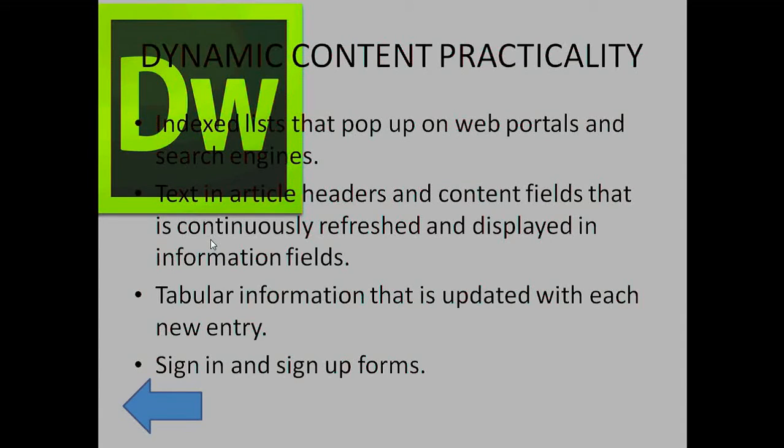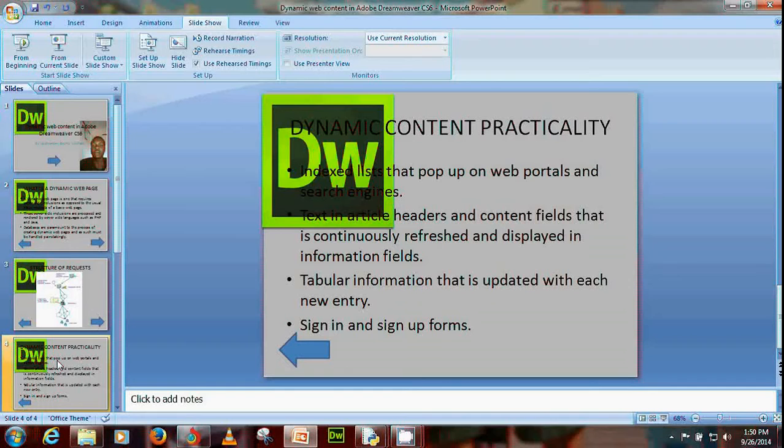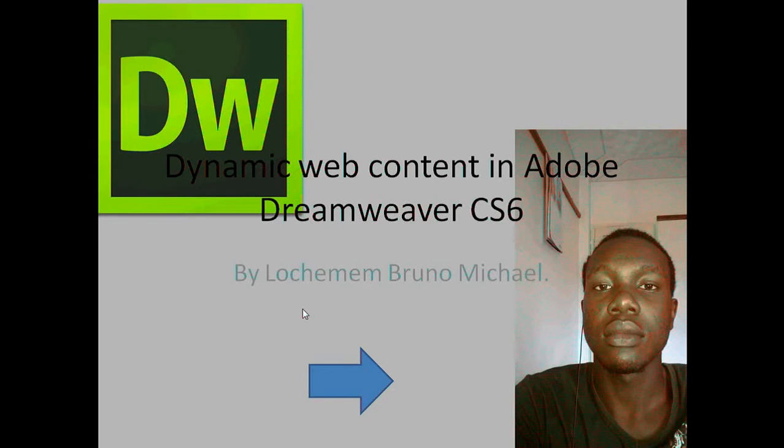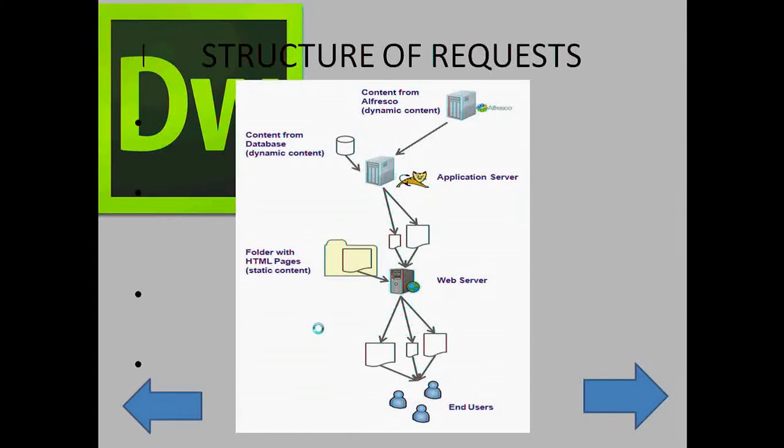Index lists that pop up on web portals and search engines. Web portals and search engines are synonymous; however, there's a slight difference. Forgive me, the slideshow ended after 30 seconds. No, I will keep going. Sorry. Where were we?